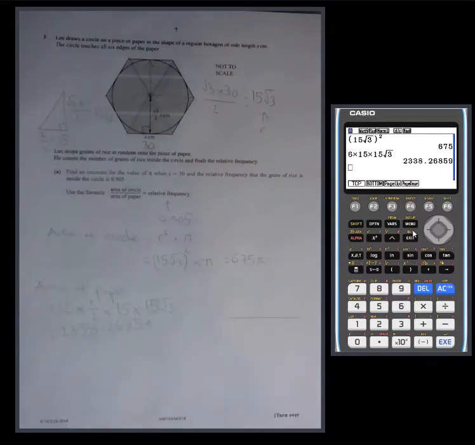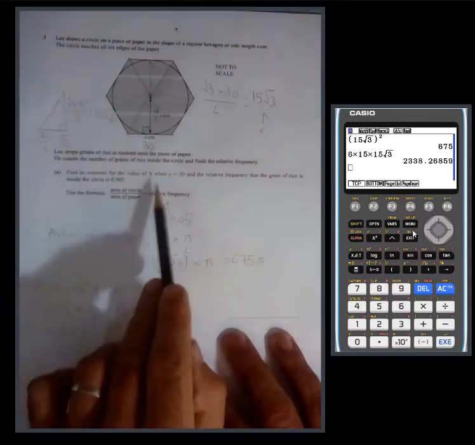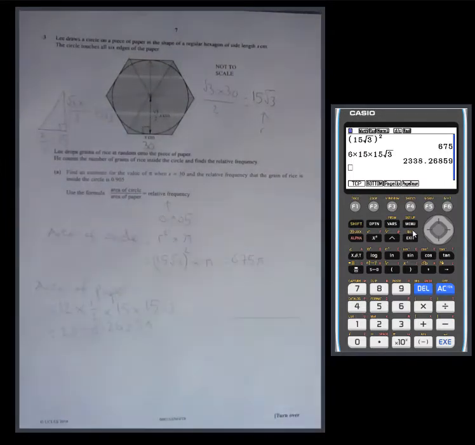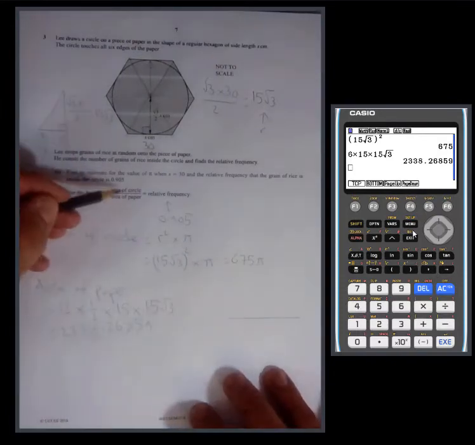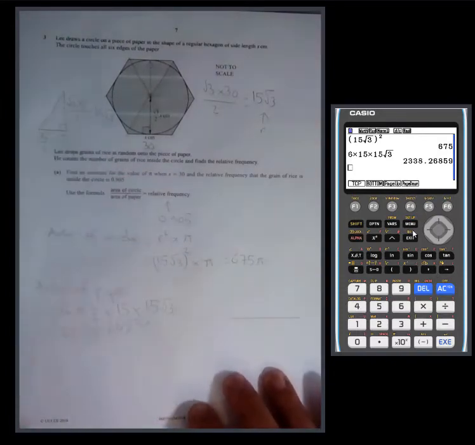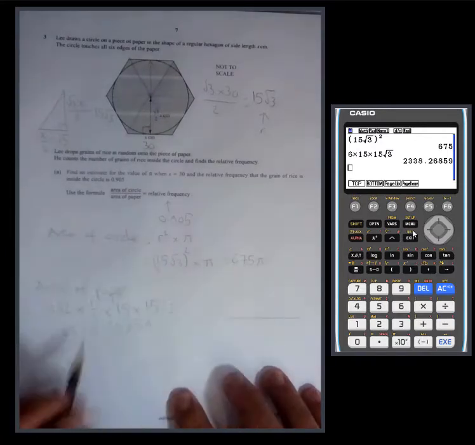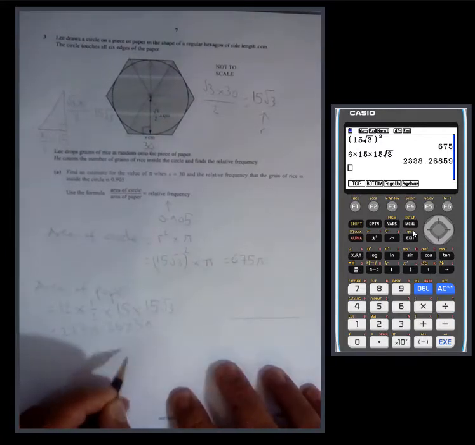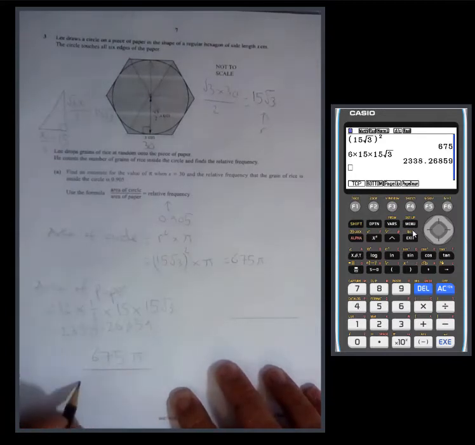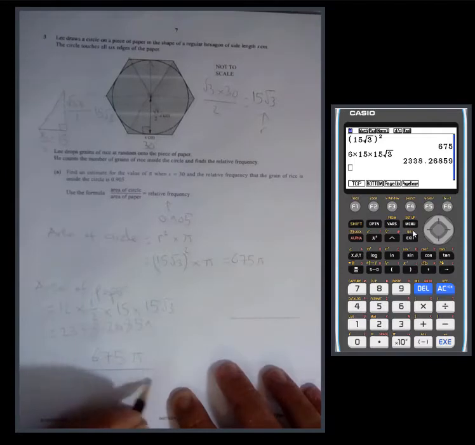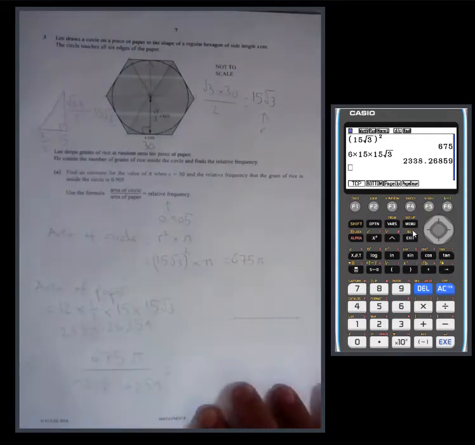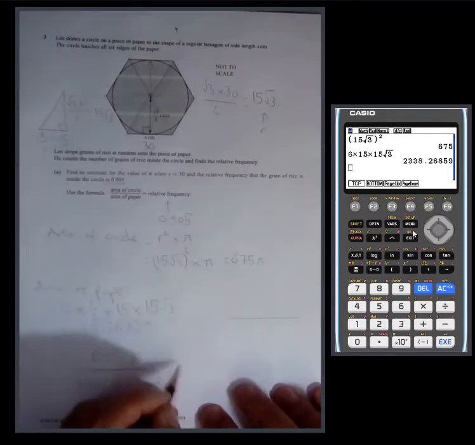So now we need to find an estimate of pi. Remember, our formula is area of circle over area of paper equals relative frequency. So area of circle, we've said, was 675 pi over area of paper, 2338.26859, equals relative frequency. We've been told it's 0.905.